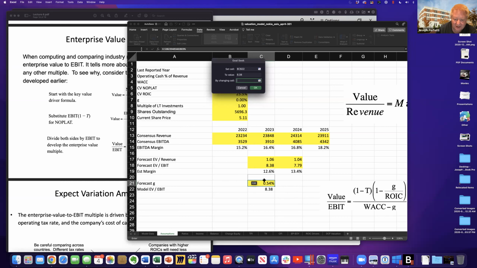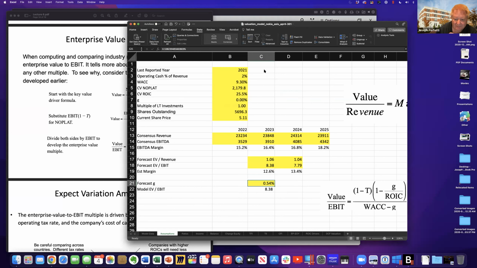Excel will keep changing that cell until it matches the number. So I want to keep changing cell C21 until I get the value in C22 of 8.38. Hit OK. And that's the 0.54%.